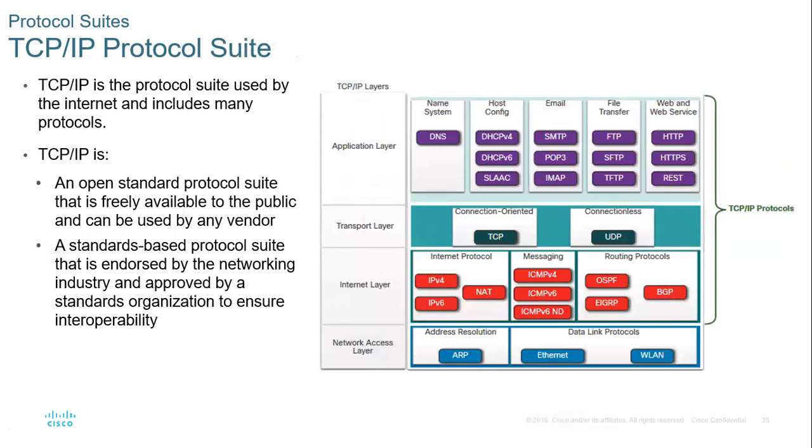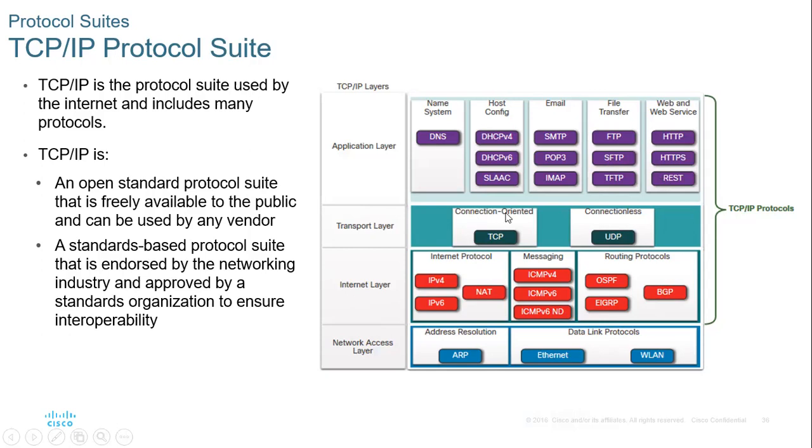TCP/IP protocol suite. This is the complete illustration of the TCP/IP protocol suite, showing the different protocols involved in each layer. The application layer consists of DNS, DHCP version 4, DHCP version 6, SLAAC, SMTP, POP3, IMAP, FTP, SFTP, TFTP, HTTP, HTTPS, REST.